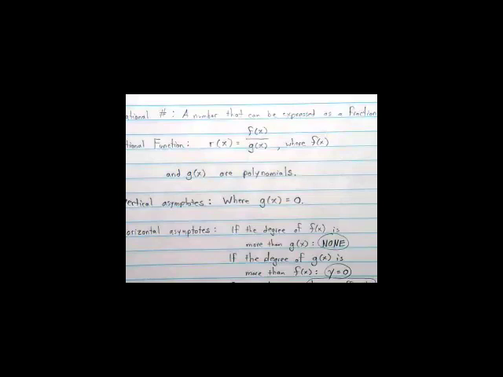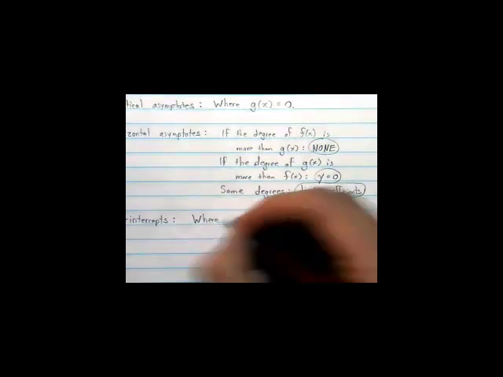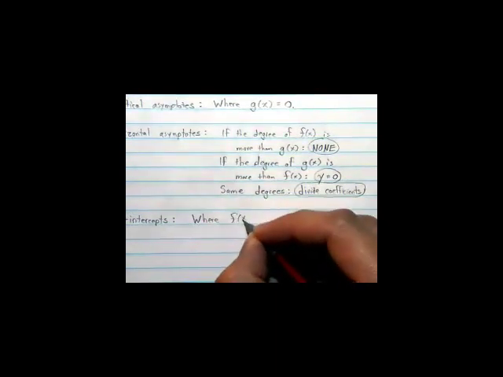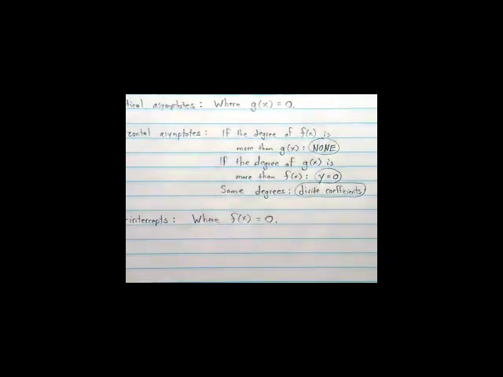The denominator plays no role whatsoever in that. Does that make sense? Okay. Because 0 divided by anything is still 0, I just want f of x to be 0, and I've done it. So to find x-intercepts, that's where f of x equals 0. That's it.